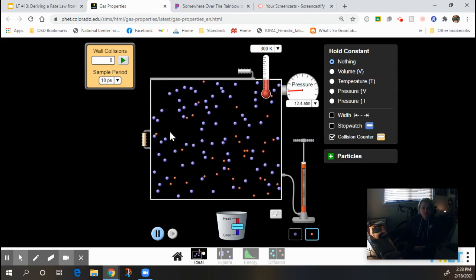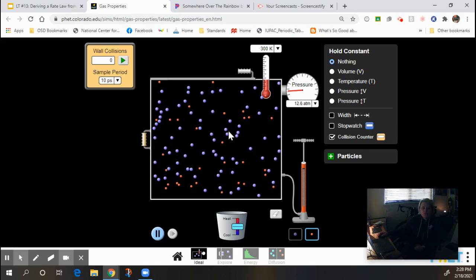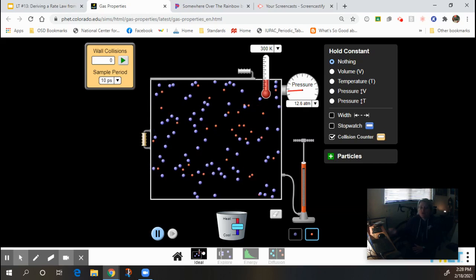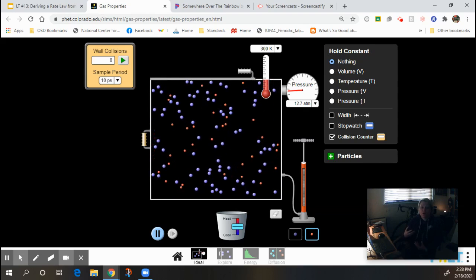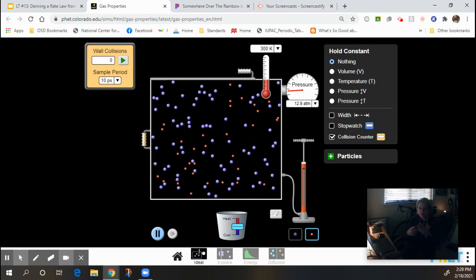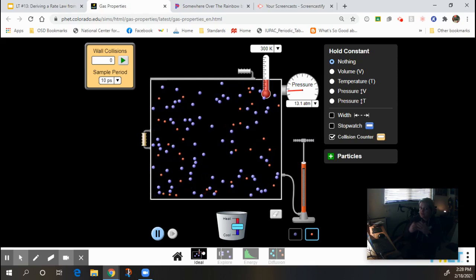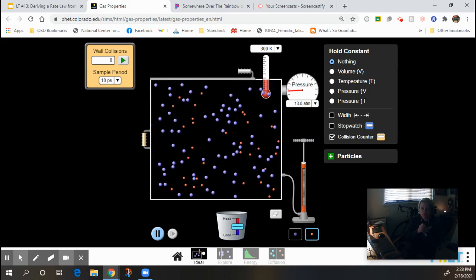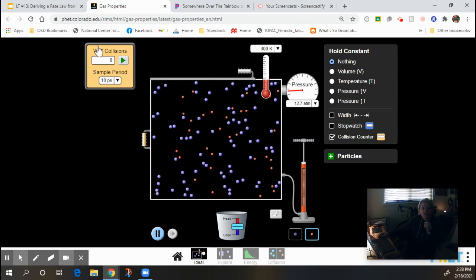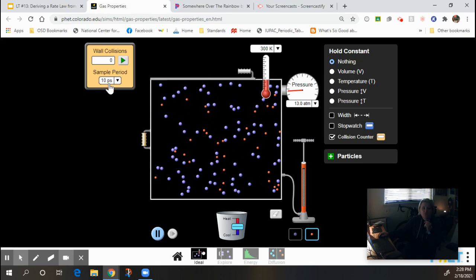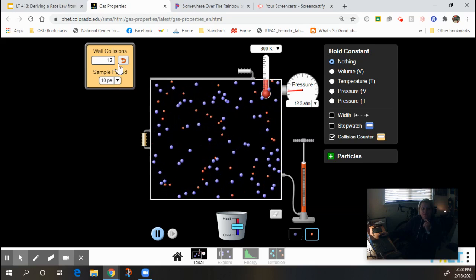I've got here some blue particles and red particles, and we know a reaction will occur when those particles collide with each other with correct orientation, correct velocity, and enough of those collisions occur that you get enough measurable products. So we've got this collision counter here, and I'm going to do this sample for 10 seconds.